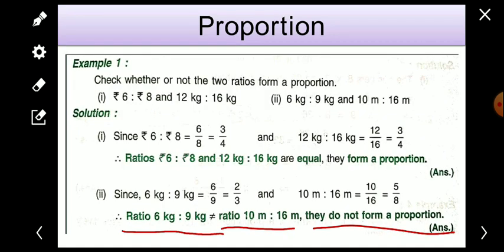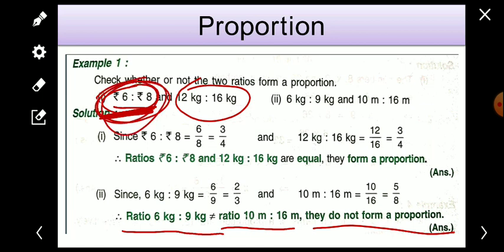As we have seen here, in the first ratio both are represented in rupees, so the units are the same, and here also the units are the same.